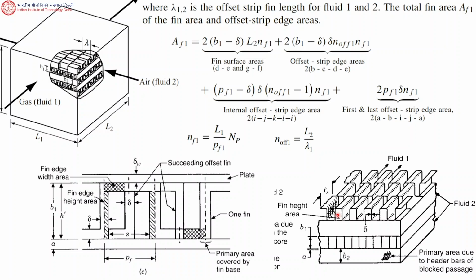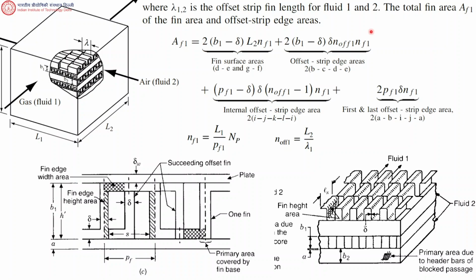So these are the number of fins in fluid 1. But for each such fin there are similar offset fins at the back, one behind the other. This figure just shows 3, but there are actually a large number of them, maybe even thousands. So that's why we multiply n1 by NF1 to take care of all such fins.